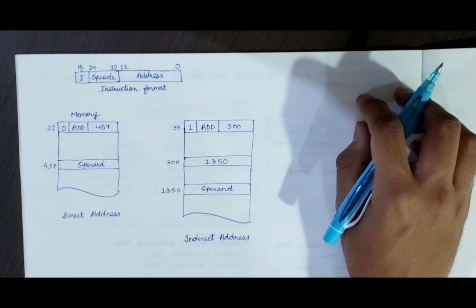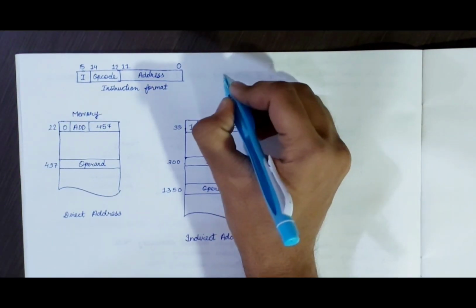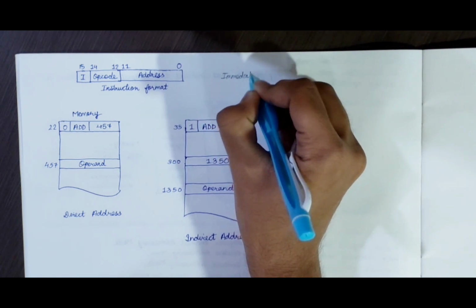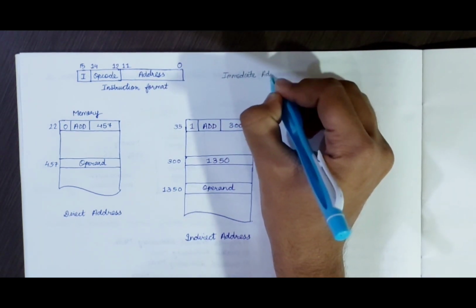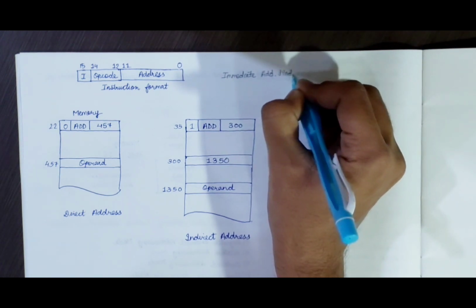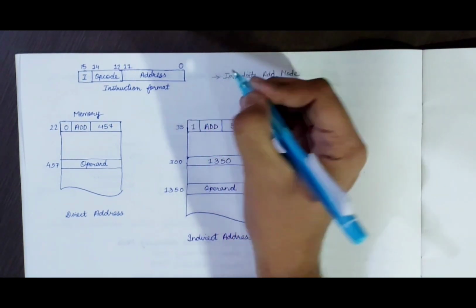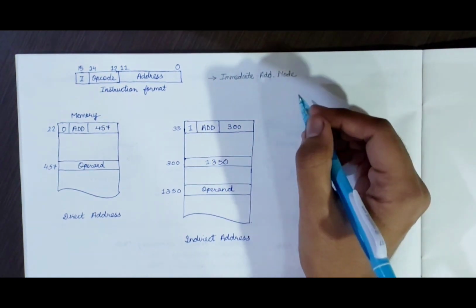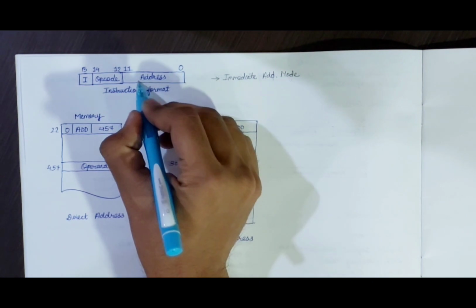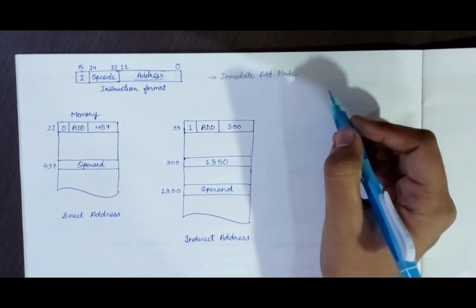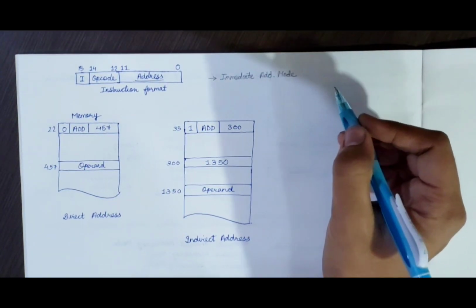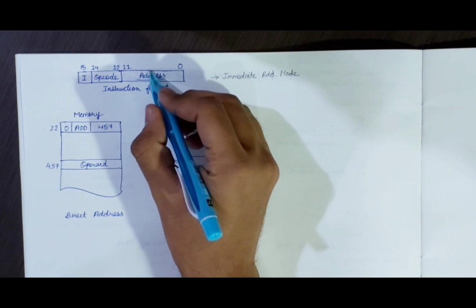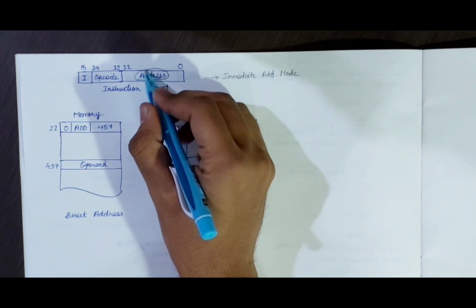So what is immediate addressing mode? Sometimes it is more convenient to store the operand directly in this address field. So rather than storing the address of an operand, that is the effective address, we will directly store the operand in this address field.